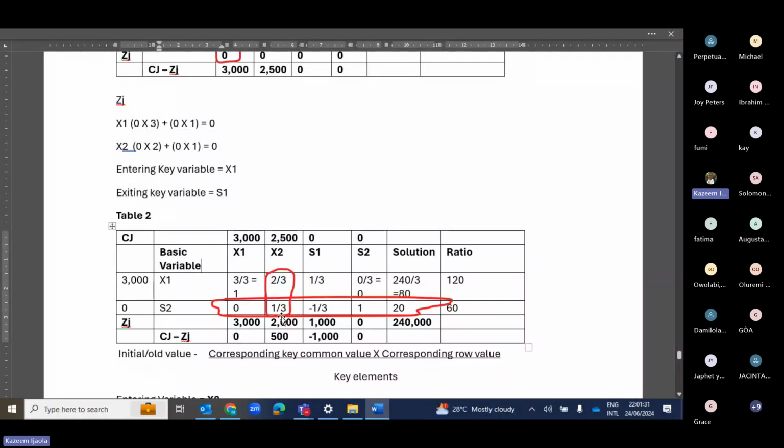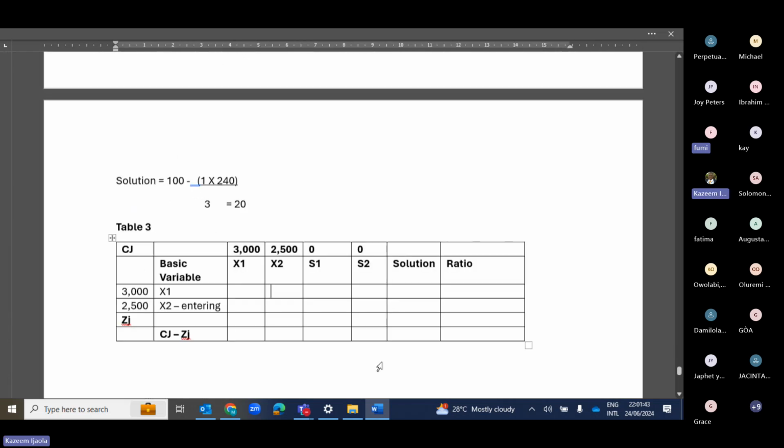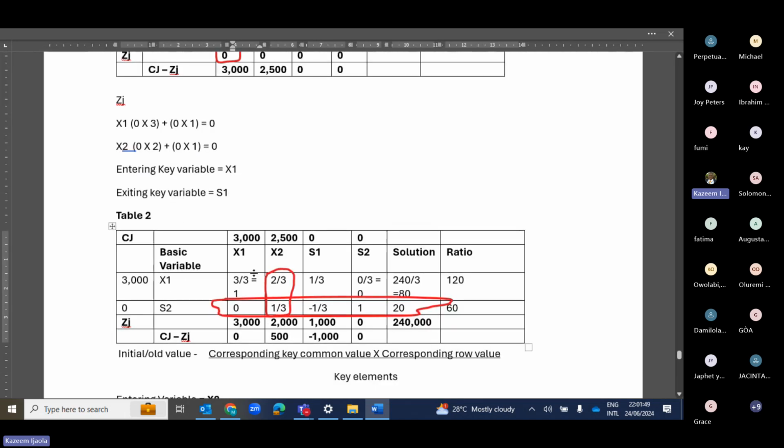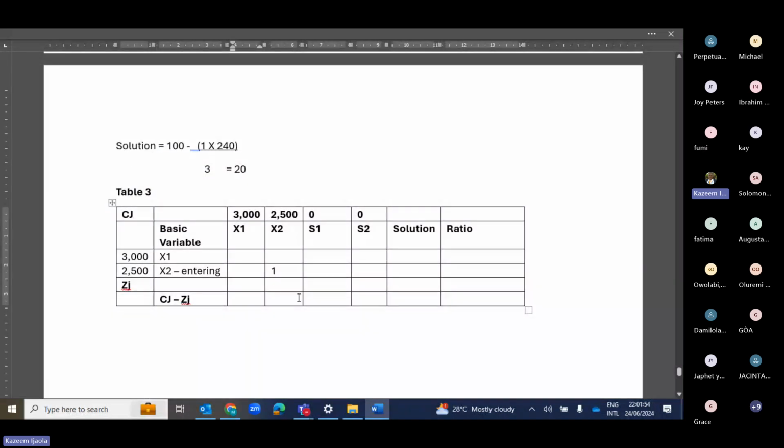Are you guys with me? So you have to make this pivot element 1. How do you make it 1? You will divide everything in that row by the pivot element. So since it is 1/3, first of all, make it 1 here. Then what do you have here? We have 0, Abi. 0 divided by 1/3 is 0.